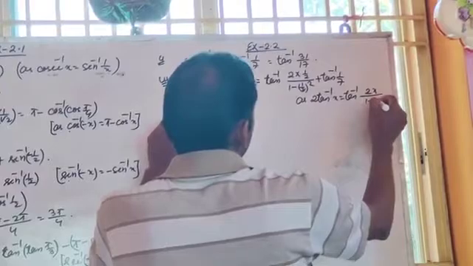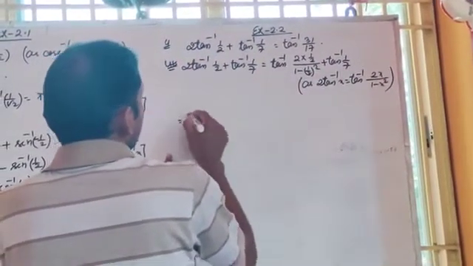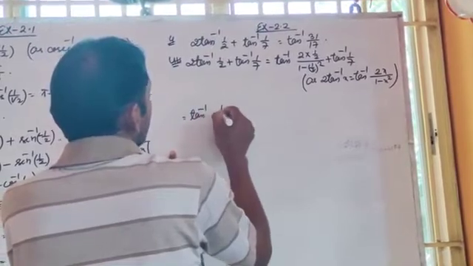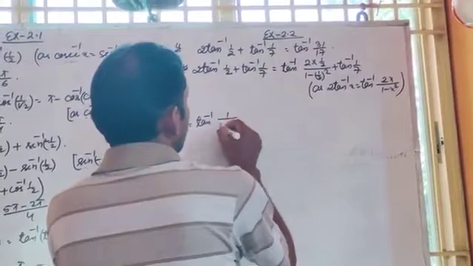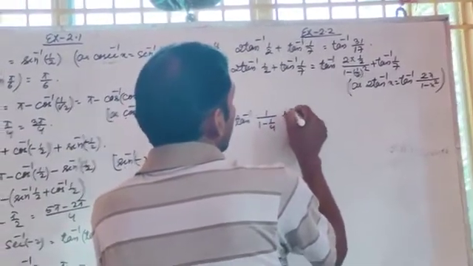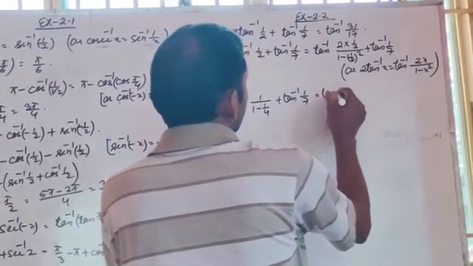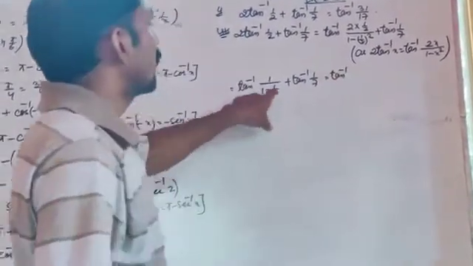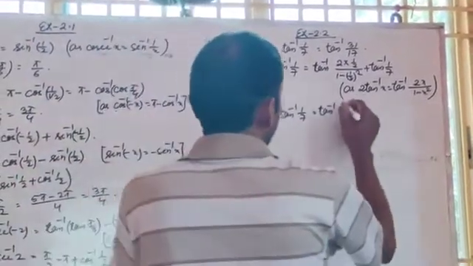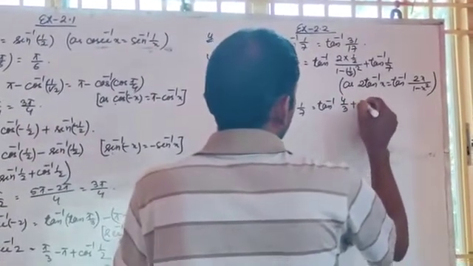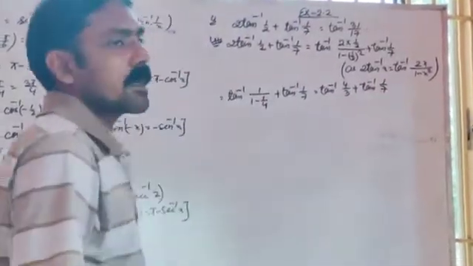So this equals tan inverse 1 by 1 minus 1 by 4 plus tan inverse 1 by 7. Now this will become 3 by 4. So 1 by 3 by 4 is 4 by 3 plus tan inverse 1 by 7.